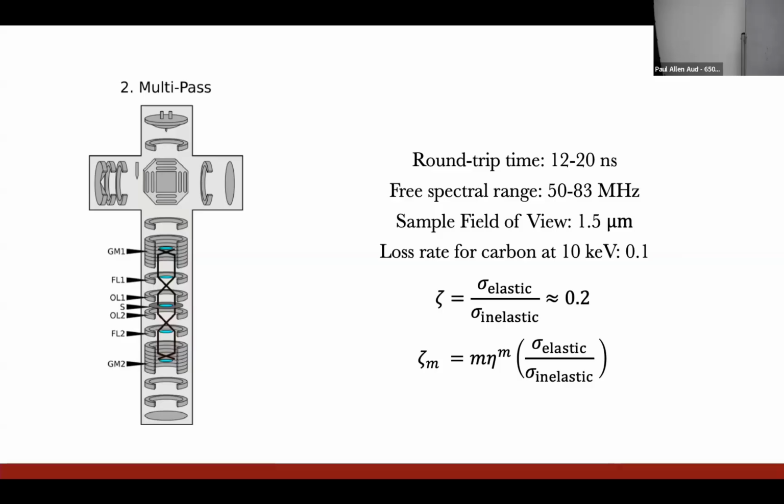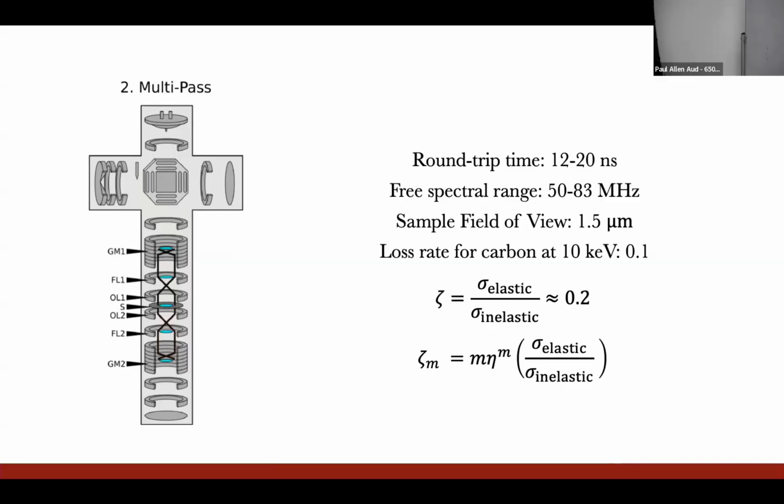But what doing this multipass protocol does, right, is it basically increases the amount of elastic events I get per loss event in the sample. So I get an enhancement that goes like m, the number of round trips, times the transmission to the m, right? And so if you do 10 round trips at 10 kV, this factor is about 3.5 or so. So that would boost the amount of information from 0.2 to 0.7.